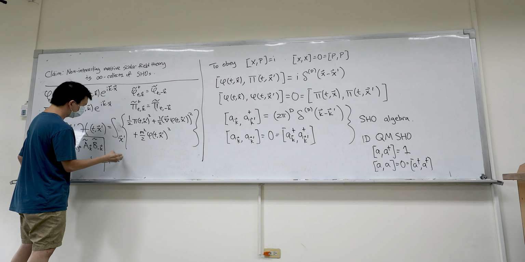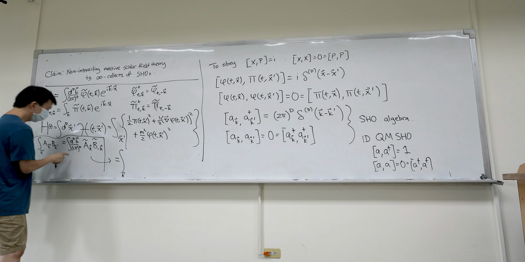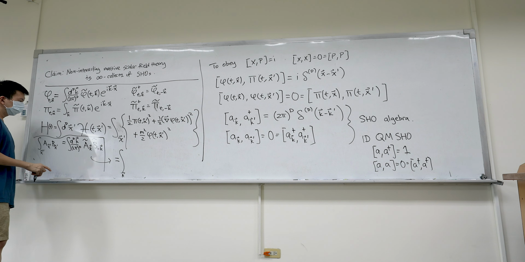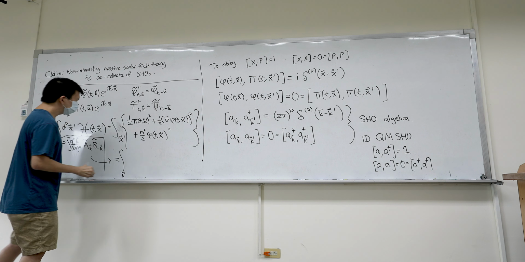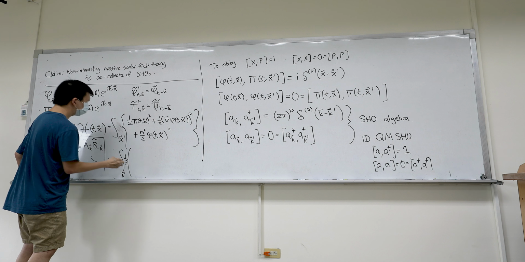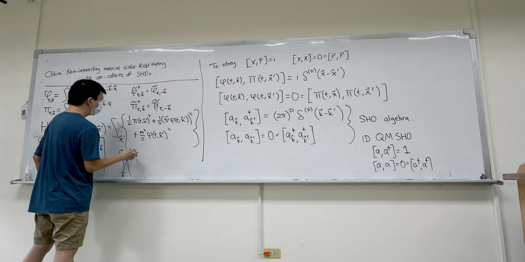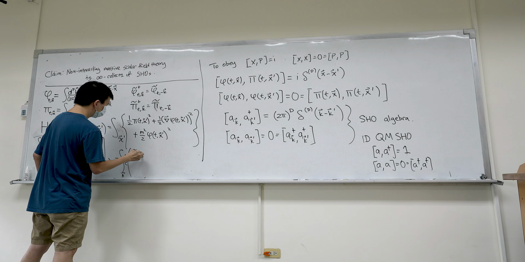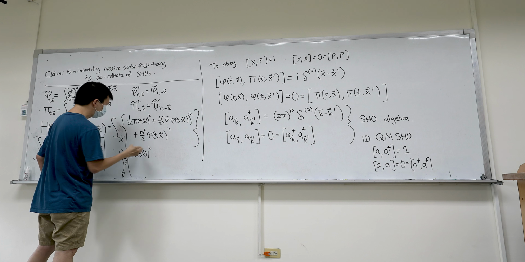So because of this fact, you will discover that this is an integral over k, including the 2 pi's here. This is what I mean by this integral over k, and you will have one half, and pi will become the absolute value squared of pi tilde of t, k.